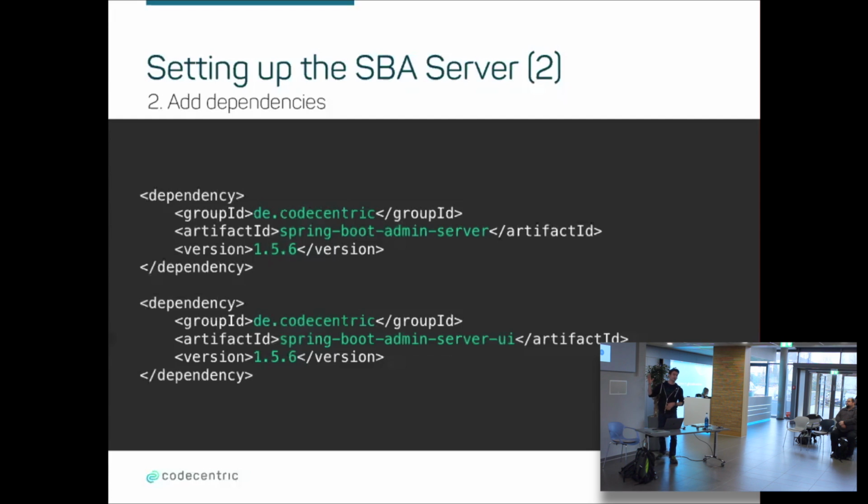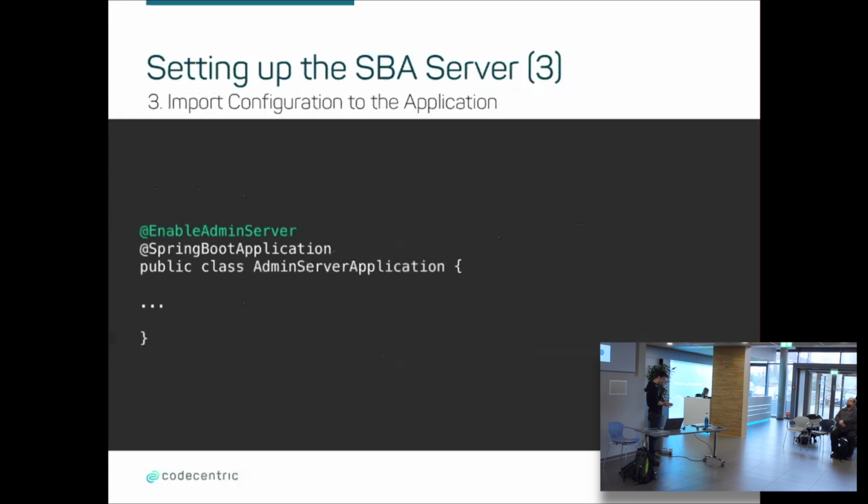I decided to split up those two in case you want to copy all the sources and do some modifications on it, so that you can switch out the UI. And last but not least, you have to import the configuration for the admin server so that everything gets instantiated, being the controllers, services, and so on.